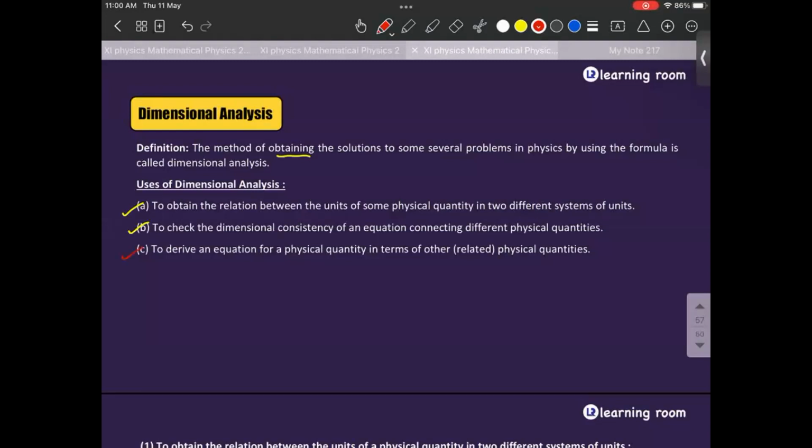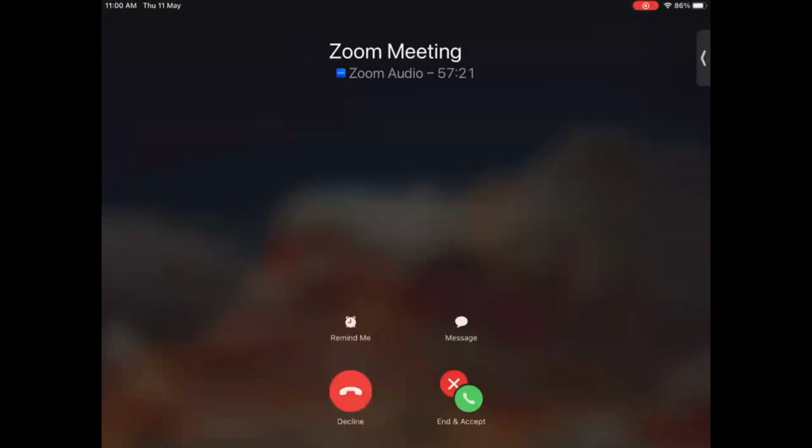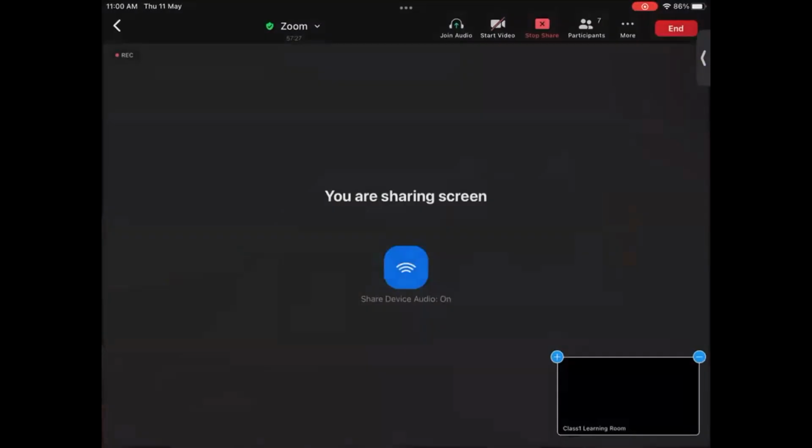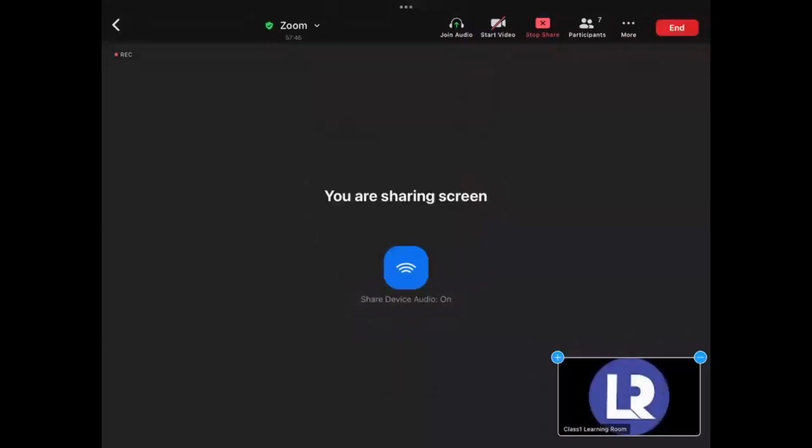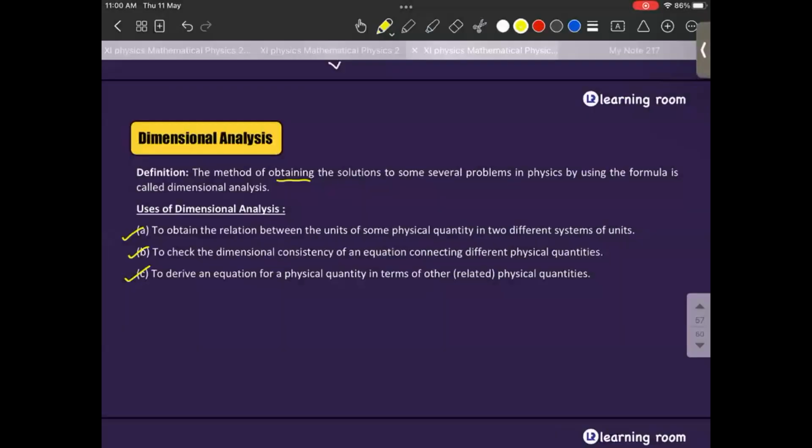And the third help that it can do for us is you will be able to derive an equation for a physical quantity in terms of other physical quantities.